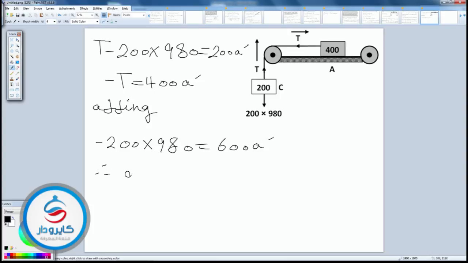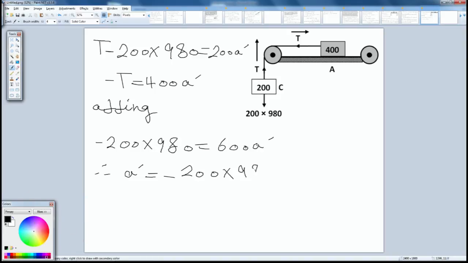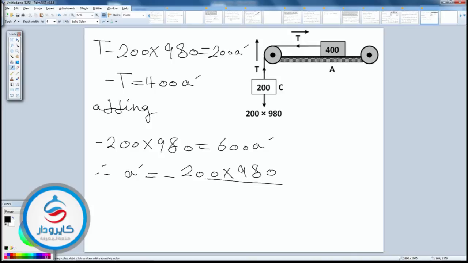Therefore, A dash equals negative 200 times 980 over 600, equals negative 980 over 3 centimeters per second squared.